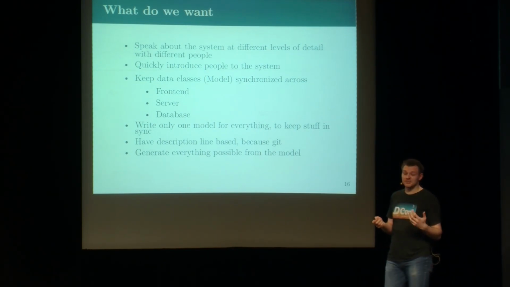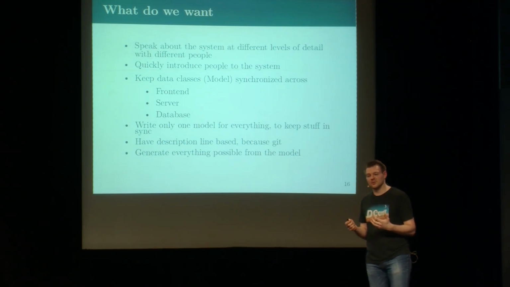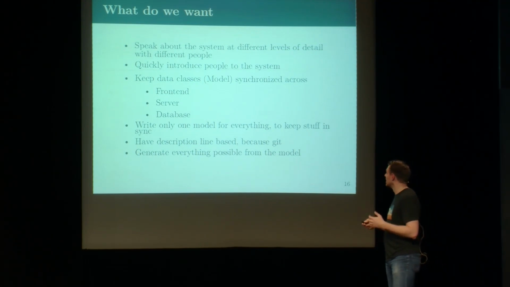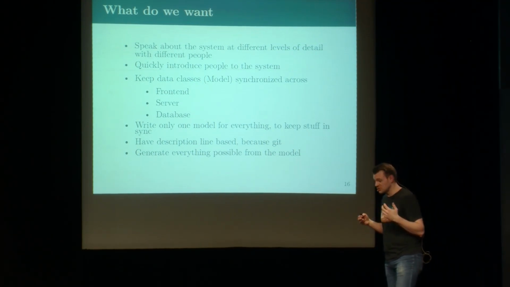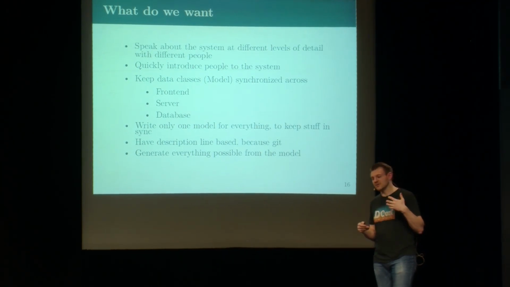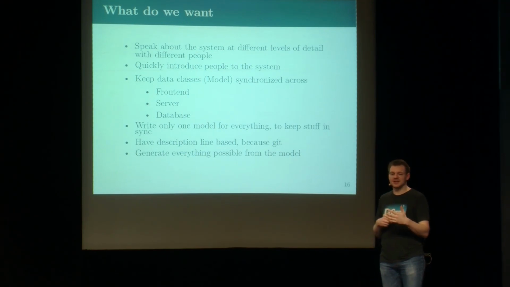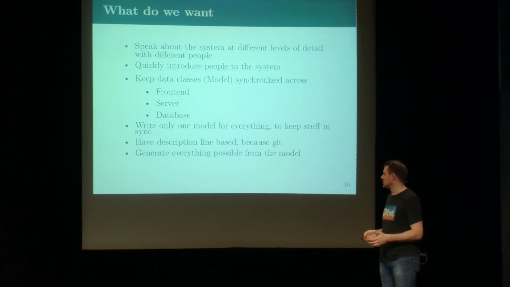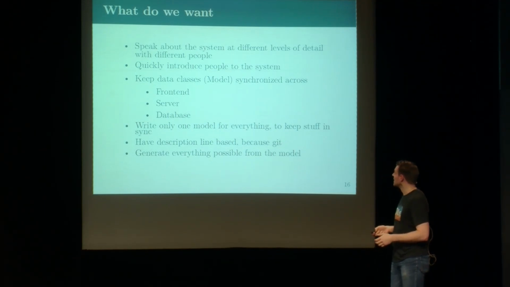But from the same model, we want to talk about finer grained detail: what actually is happening when he's clicking the button, and where the connections are between the different sub-modules of our project. We also want to quickly introduce people to our project. That means we have to have a way of iterating through the different levels of detail and show people where stuff is going and so on.